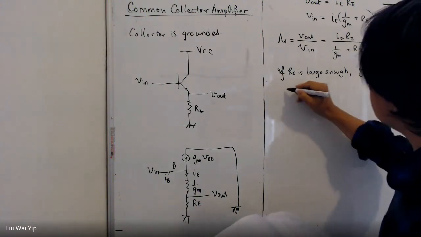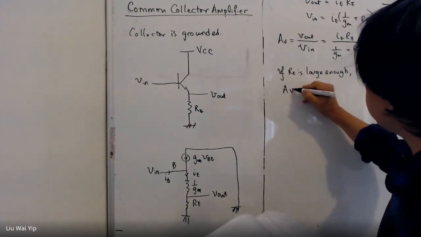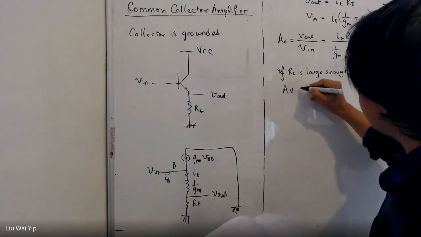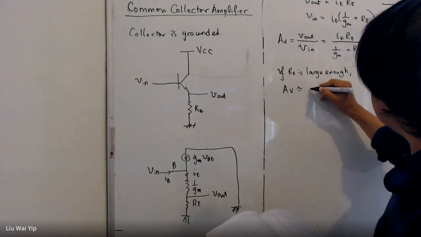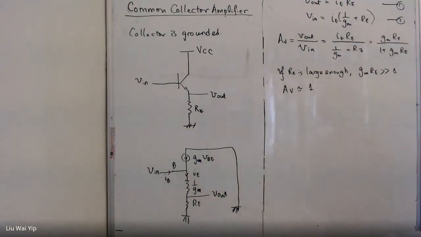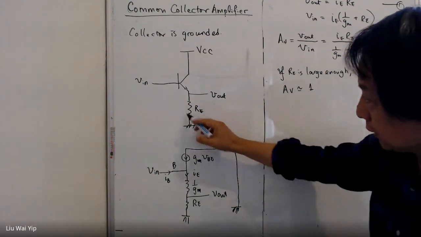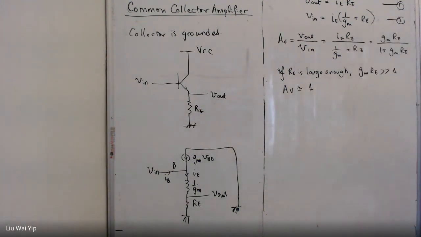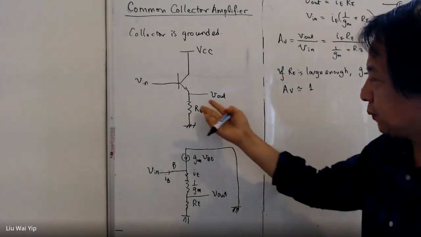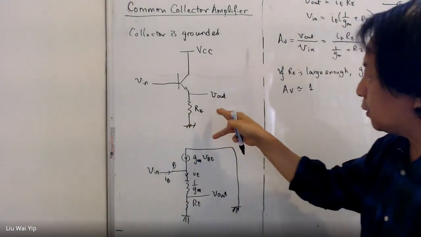In this case, the voltage gain Av is more or less 1, depending on the value of the emitter resistor here. Now, there isn't anything interesting here: input is equal to output.